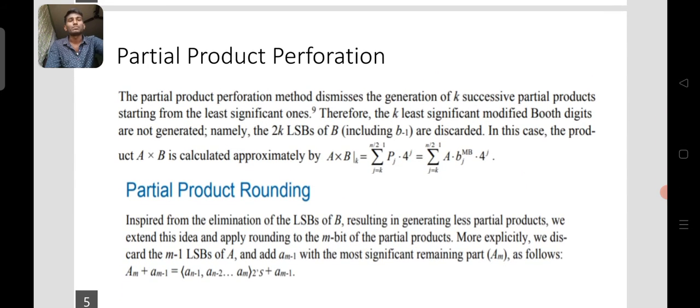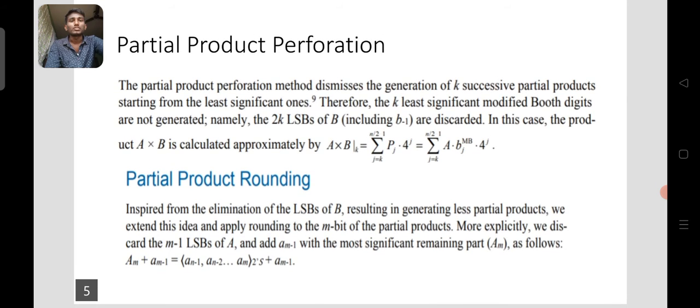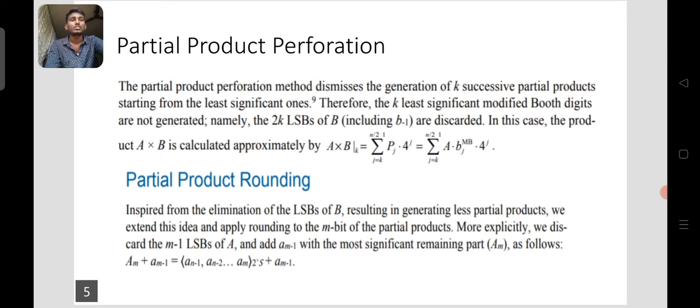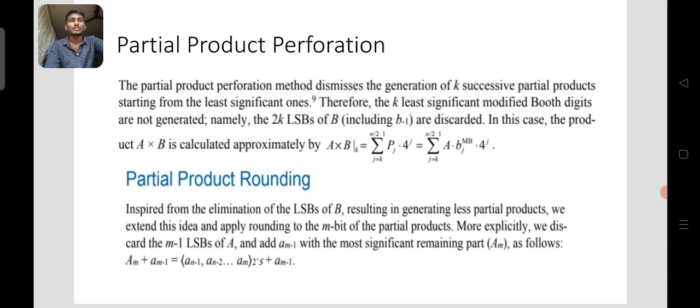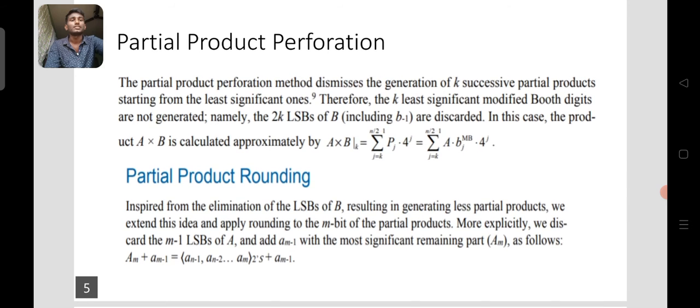Coming to partial product perforation, this method dismisses the generation of k successive partial products starting from the least significant ones, and therefore the k least significant modified Booth digits are not generated, namely the 2k least significant bits of B including b_-1 are discarded.